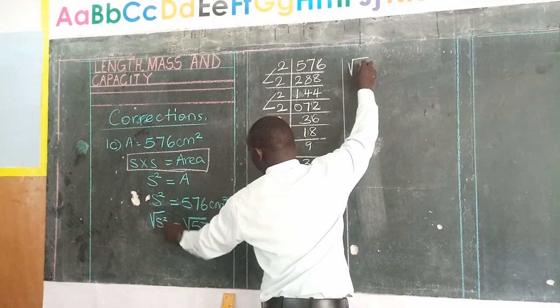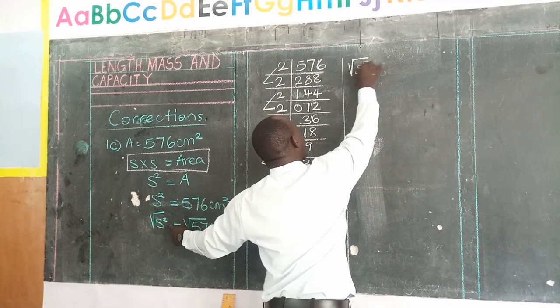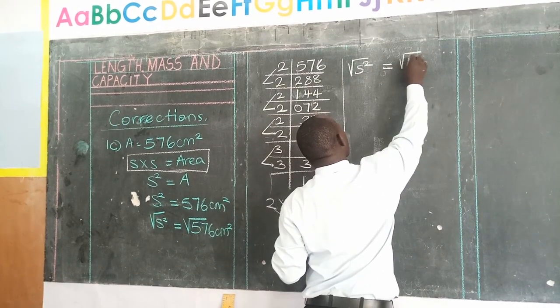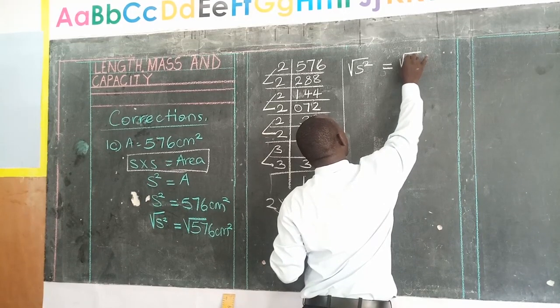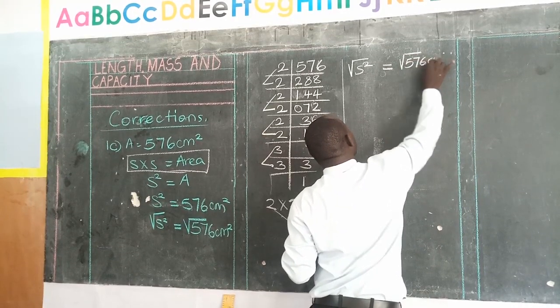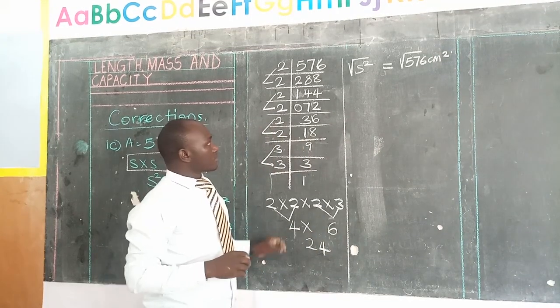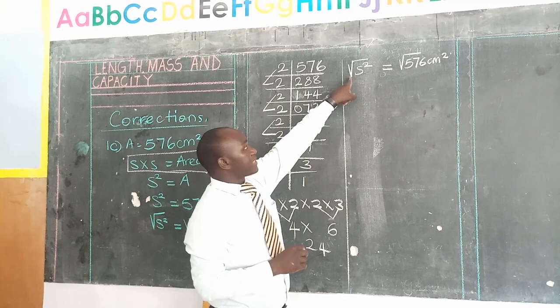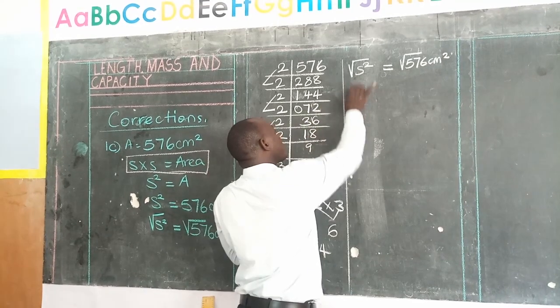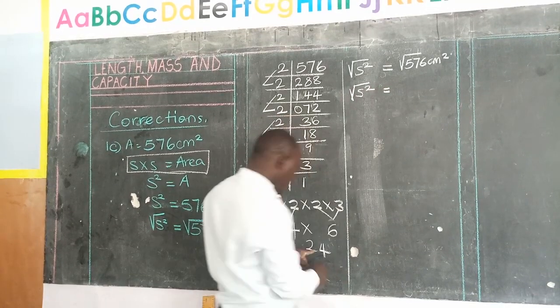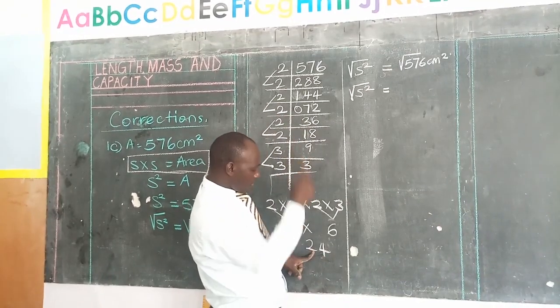So the root, I'm repeating this line, the root of s squared is equal to the root of 576 square centimeters. Since I have already s squared, I'm going to maintain it as s squared should be equal to, our square root is 24.